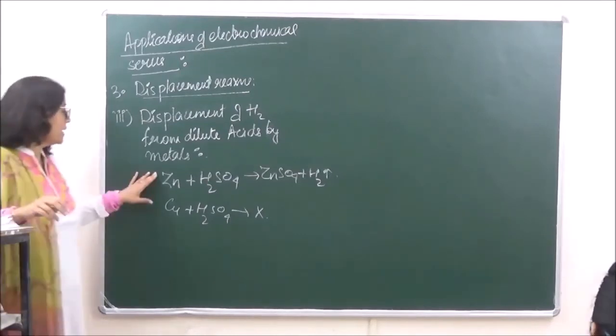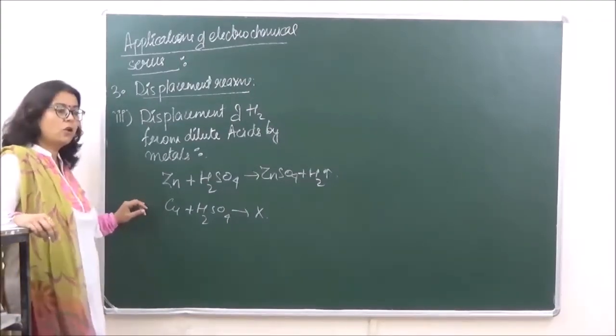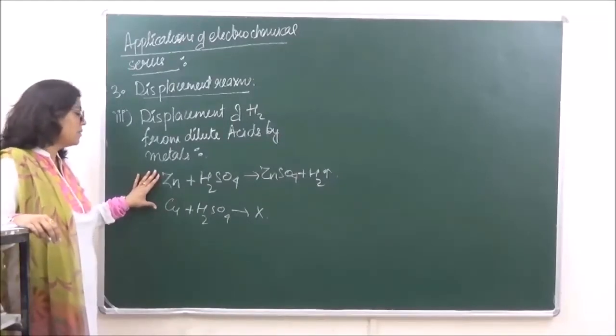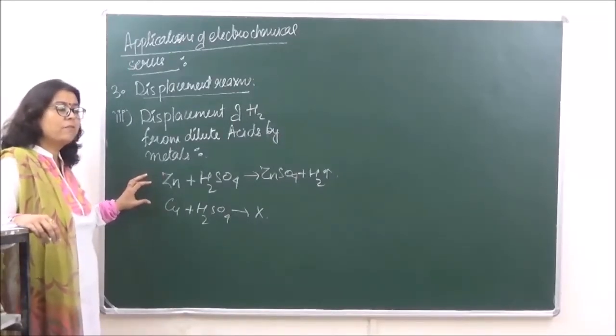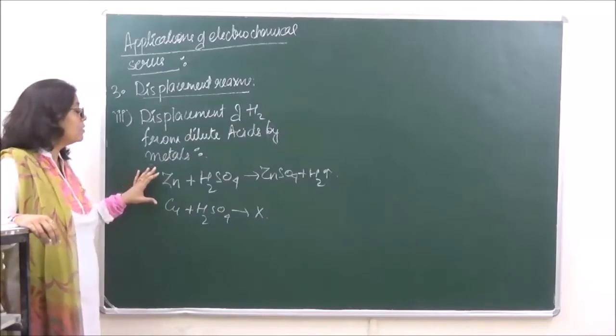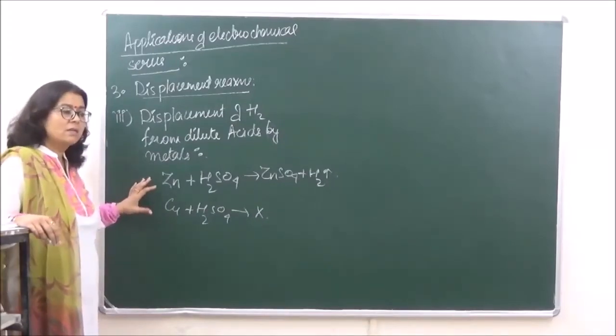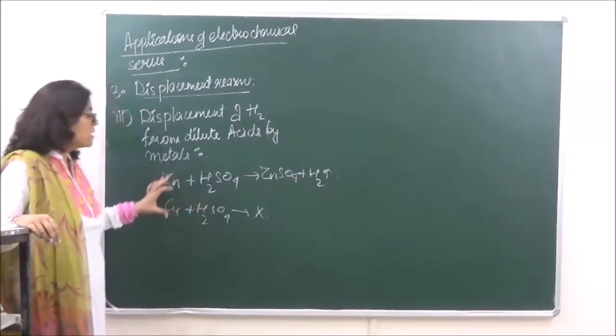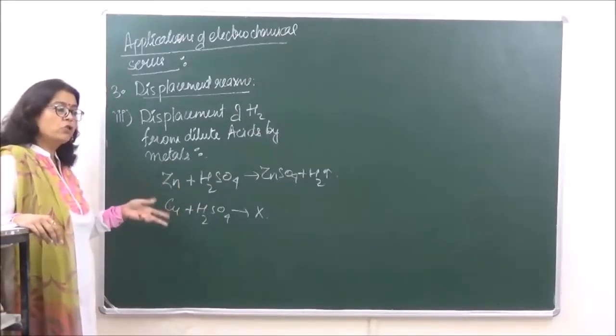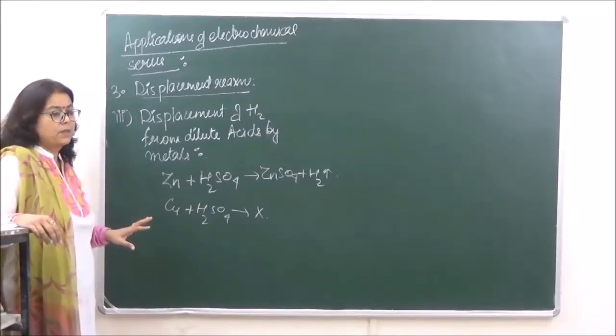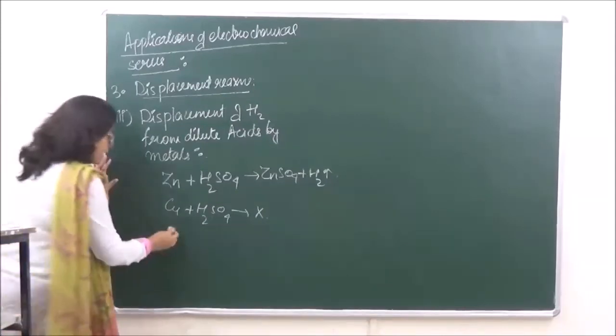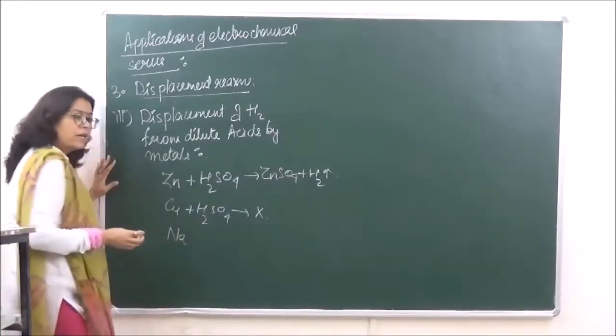Why am I again and again taking the example of zinc and copper? Because these are the two simple metals which we have used in the galvanic cell, and we know the values of both these by heart. So this comparison study will also follow for other metals. For example, Na also has a negative value of reduction potential.